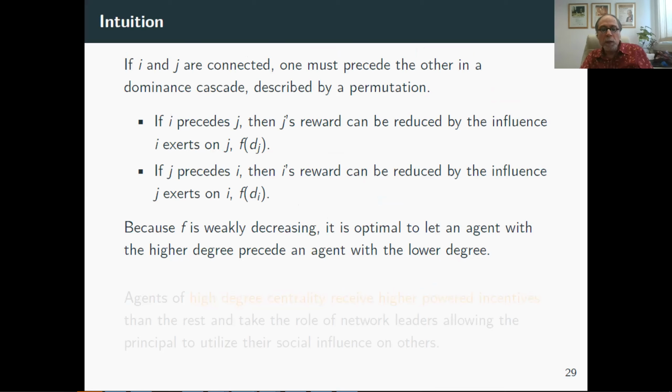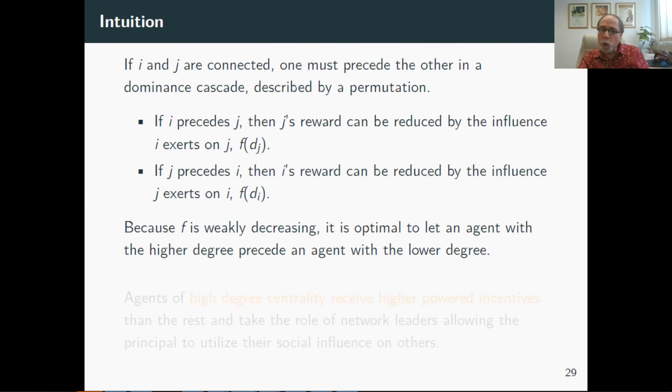So let me start by making a very simple insight first. Think about a given network, and suppose I calculated the optimal mechanism for this network, so I already figured out the non-increasing order.